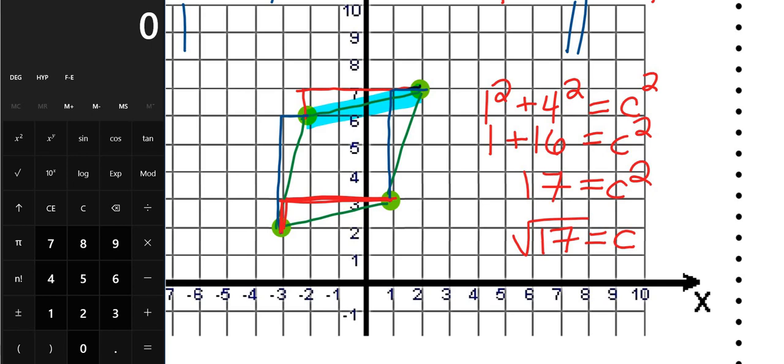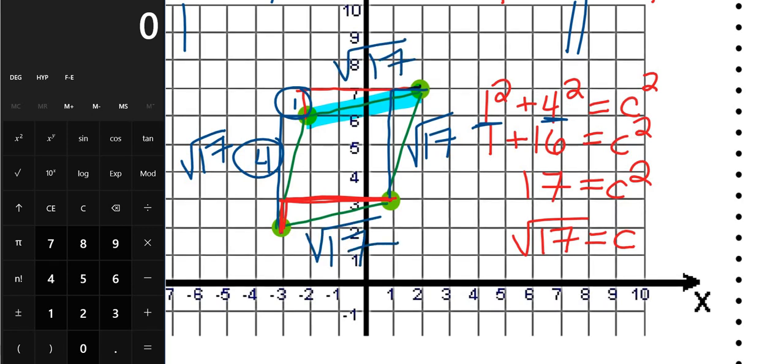So looking at the left side, I went up 4 and right 1. Same thing, it's movements of 4 and 1 that I'm going to use with the Pythagorean theorem. I've already done that. 1 squared and 4 squared. So that means the left side is the square root of 17. And the right side, same thing. It has movements of 4 and 1. So again, it's square root of 17. All of the sides are square root of 17.